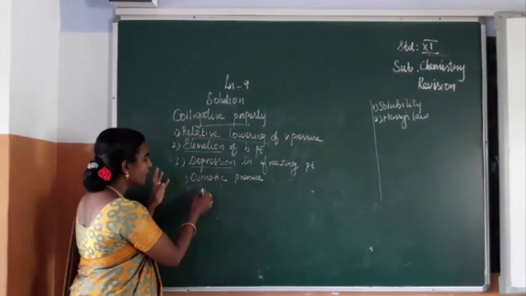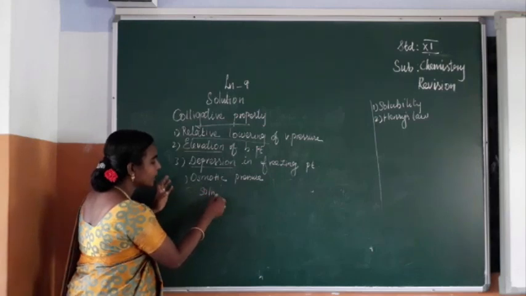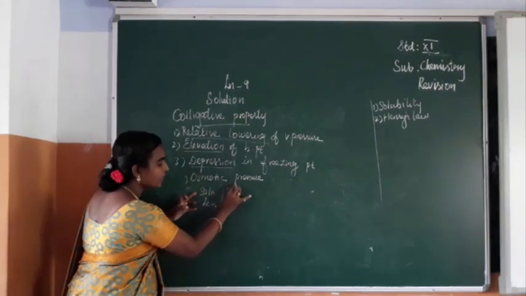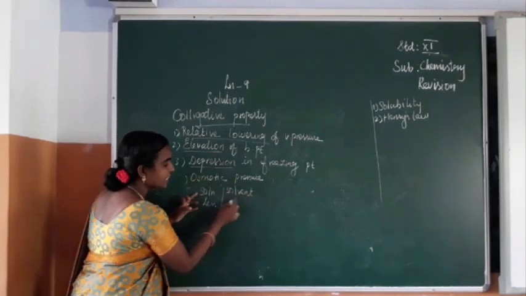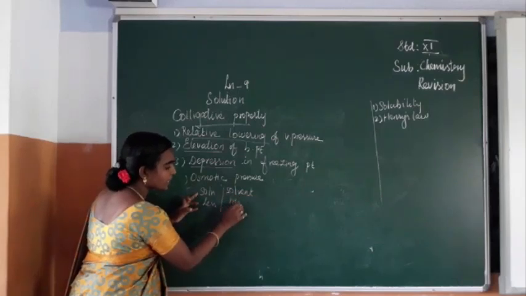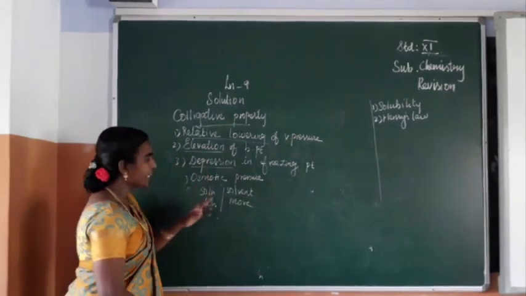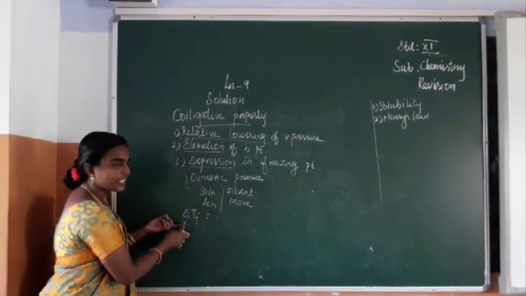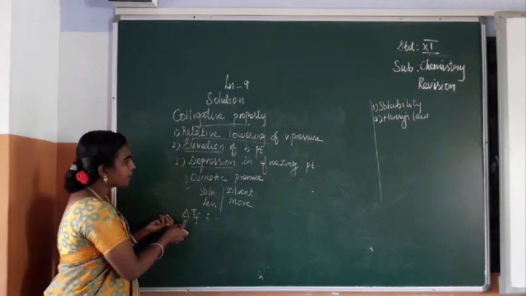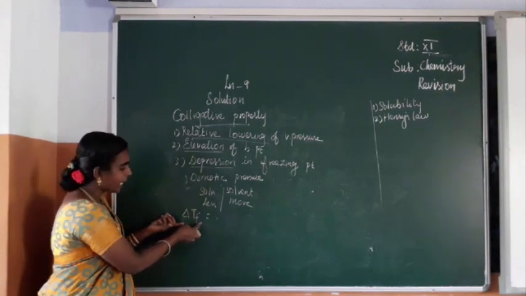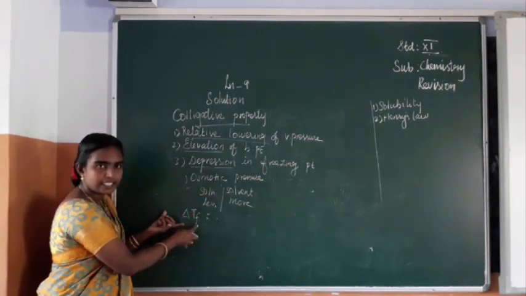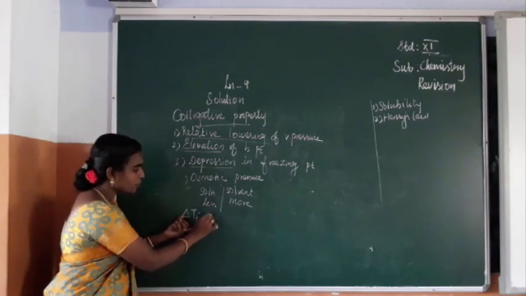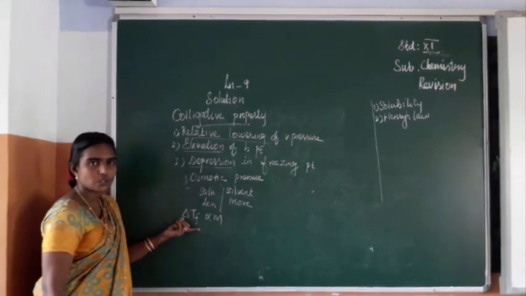What we have told is that the solution has a lower value, and for the solvent the freezing point value is more, isn't it? So we can write delta Tf is equal to, so what is delta Tf? Depression in freezing point can be termed as delta Tf. Delta Tf is proportional to the molality of the solution.